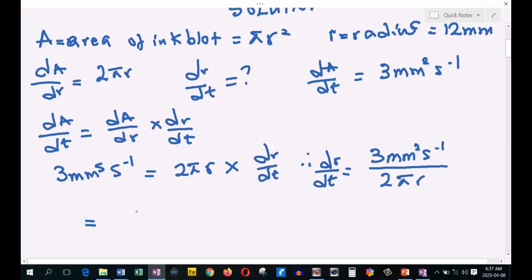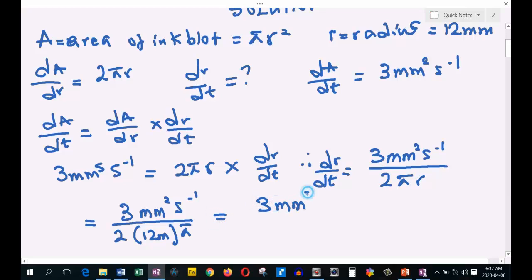This will translate to 3 millimeter squared per second over 2 times our radius 12 millimeter times pi, and this will give us 3 millimeter squared per second over 24 millimeter pi.